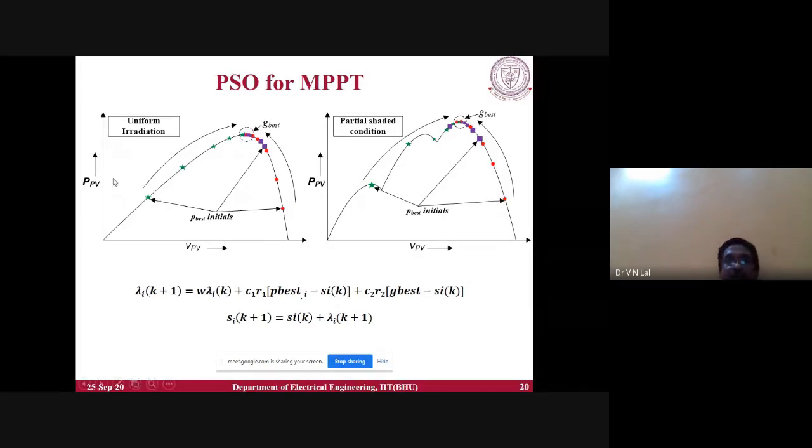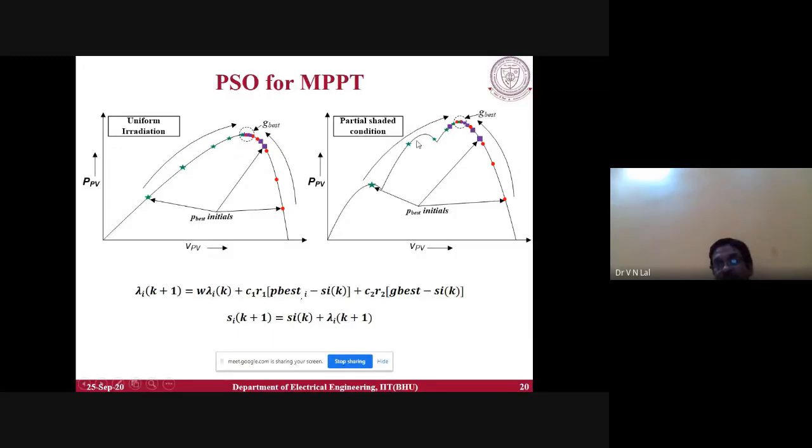Okay, so this is for uniform irradiance, and this is for your partial shaded condition. So in partial shaded condition as well, these 3 particles, the initial positions are this one, and this one, and movement will be like this. The first movement of this particle is this one, and this power is compared with this one.